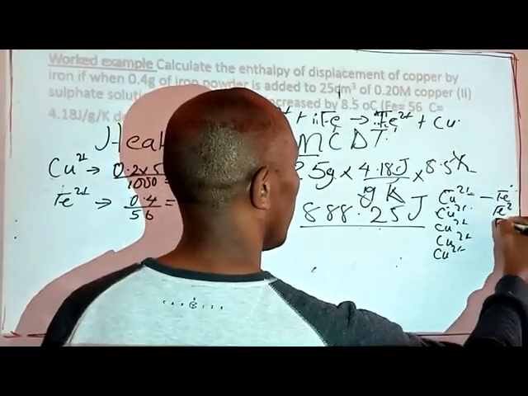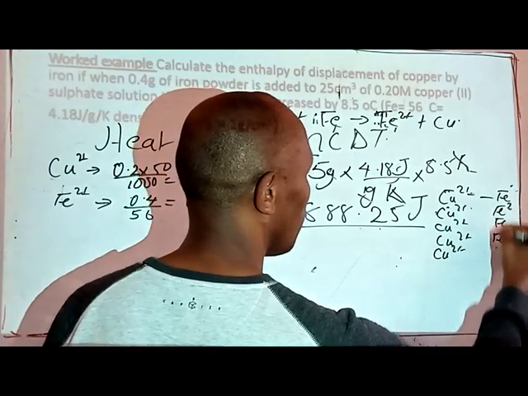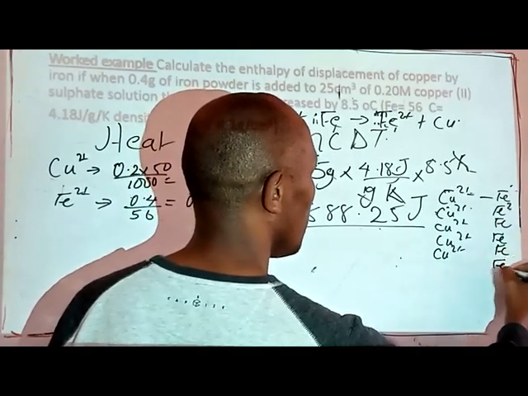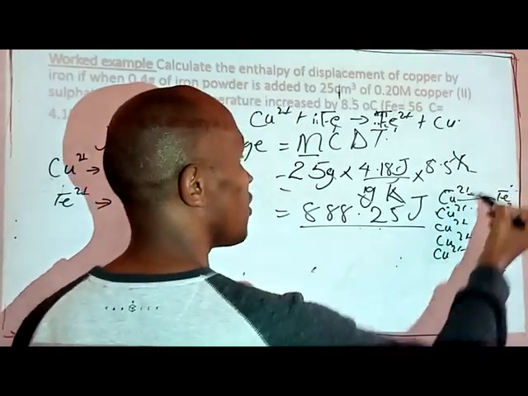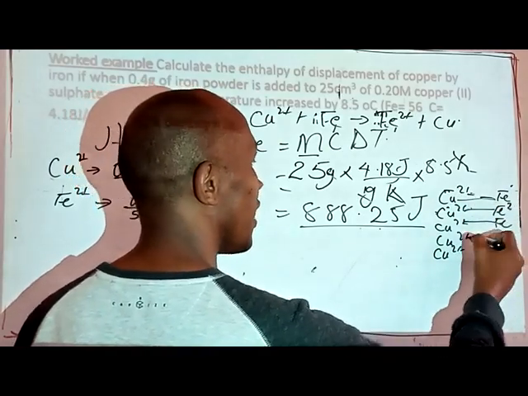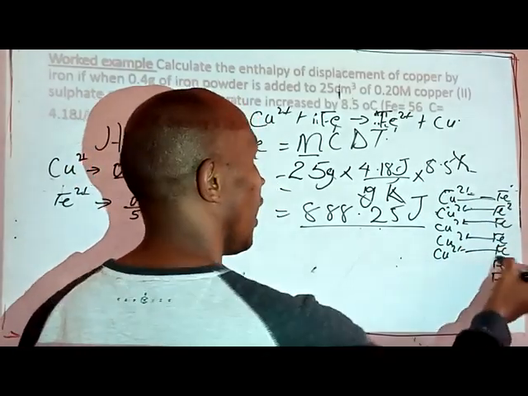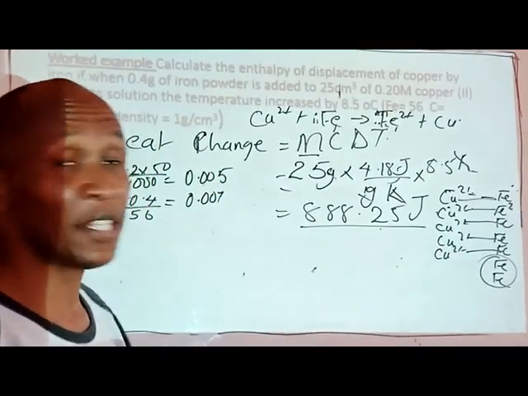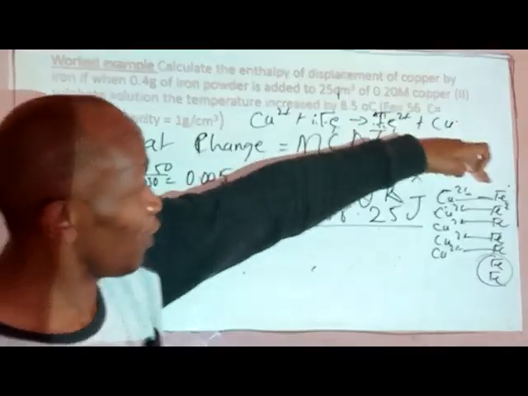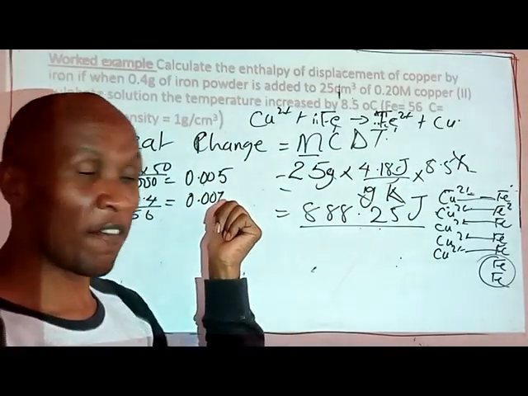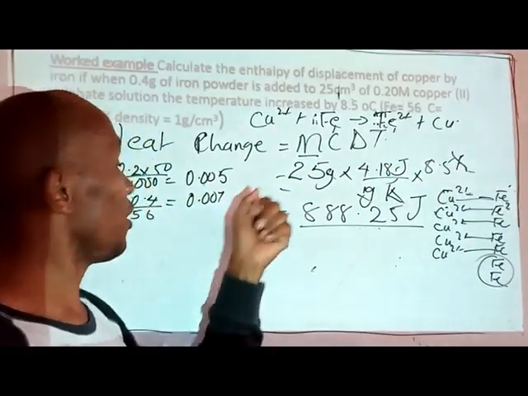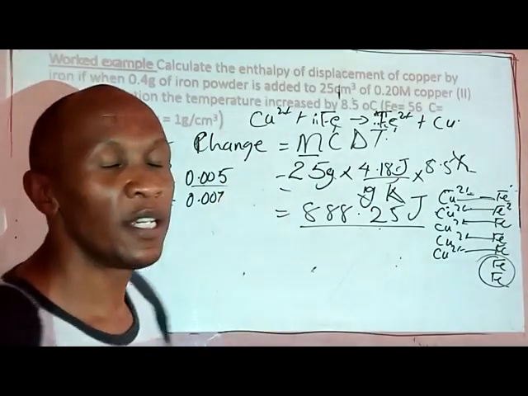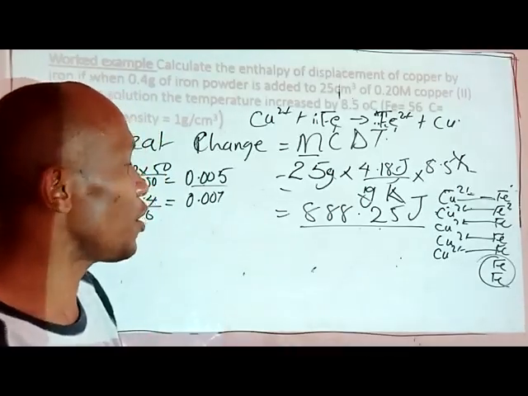We have 2, 3, 4, 5, 6, and 7. So that reacts with that, that reacts with that, that reacts with that, and that reacts with that, and therefore those two will be in excess. They will remain unreacted. So I cannot react all the 0.007 moles of iron. I will only have to react 0.005 because the ratio is 1 to 1.